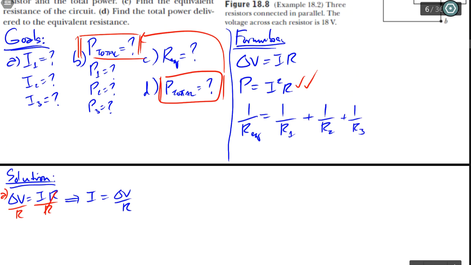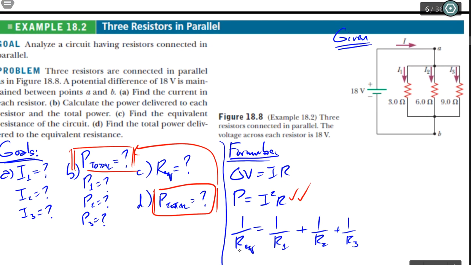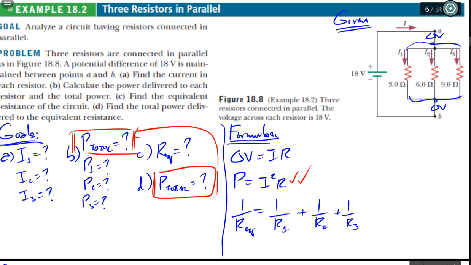Now the thing about resistors in parallel, they actually all have the same potential. Okay, it's the current that is split up. So I'm going to go ahead and write that as well. The potential from the battery, that is delta V, is the same all throughout.